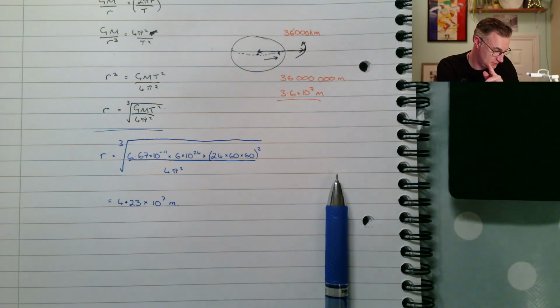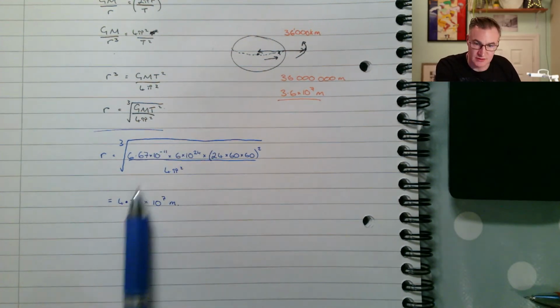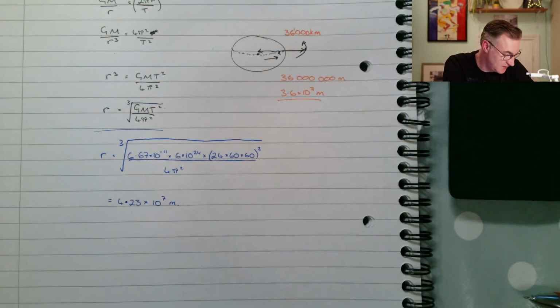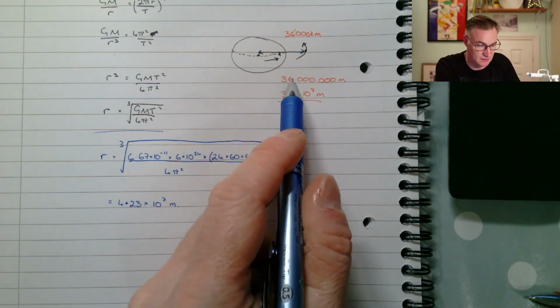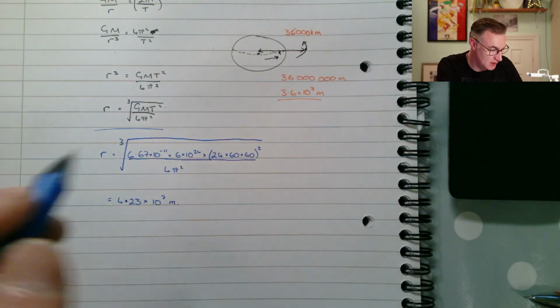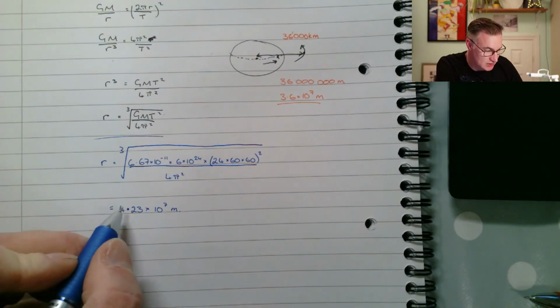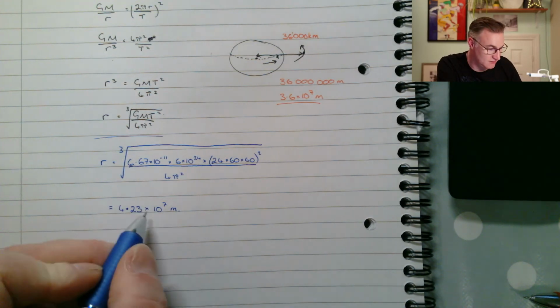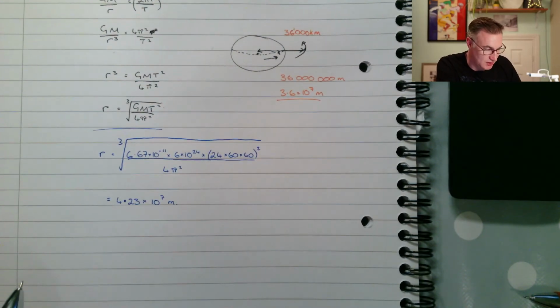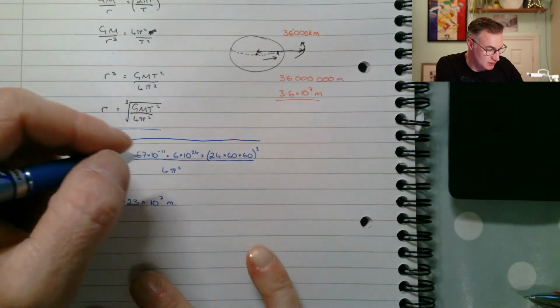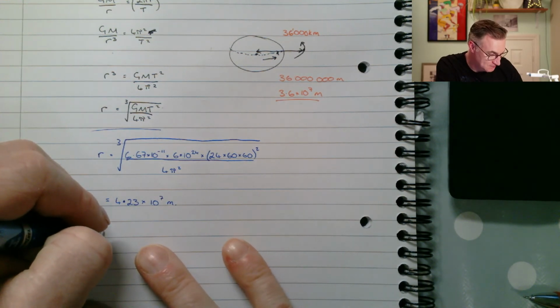Okay, so the difference in the two answers, I hope you've figured this out already. I hope you're saying, Mr. Garrett, this is the radius from the center of the Earth and not the orbital altitude, not the height. And so we need to subtract off the radius of the Earth, and I'm hoping then that we'll get 3.6 times 10 to the power of 7 meters.